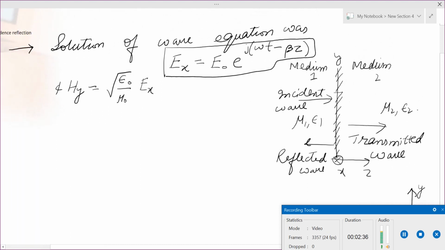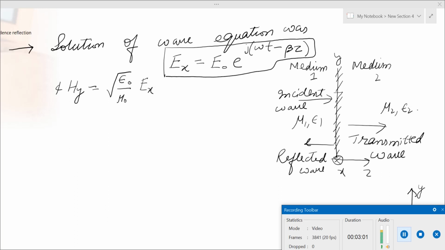Now we would like to study how the waves get transmitted and reflected and what is its effect. For that we will first fix the reference frame for time. We are considering here the moment the wave is getting reflected or transmitted while it strikes the surface.